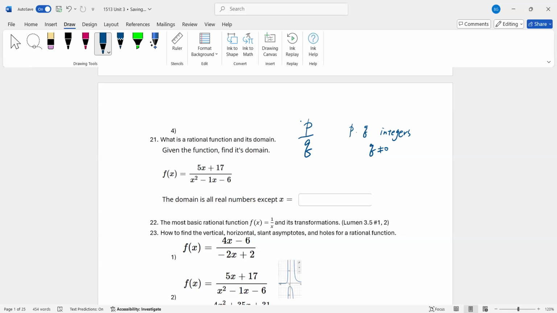And a rational function is any function that can be written as the quotient of two polynomial functions, P of x over Q of x, where Q of x is not 0, and P of x and Q of x are polynomials.